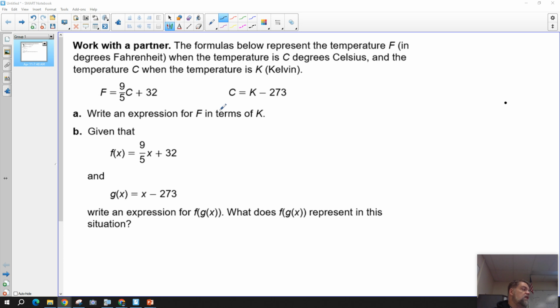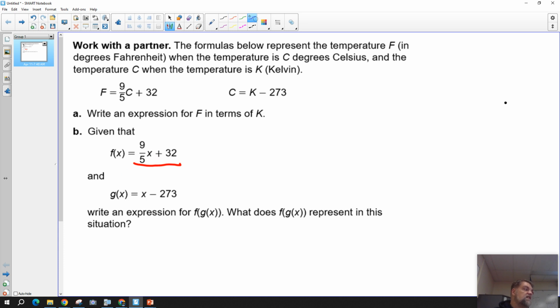And so we need to write something that converts Kelvin into Fahrenheit. And so they tell us that f of x is going to be the thing for Fahrenheit.